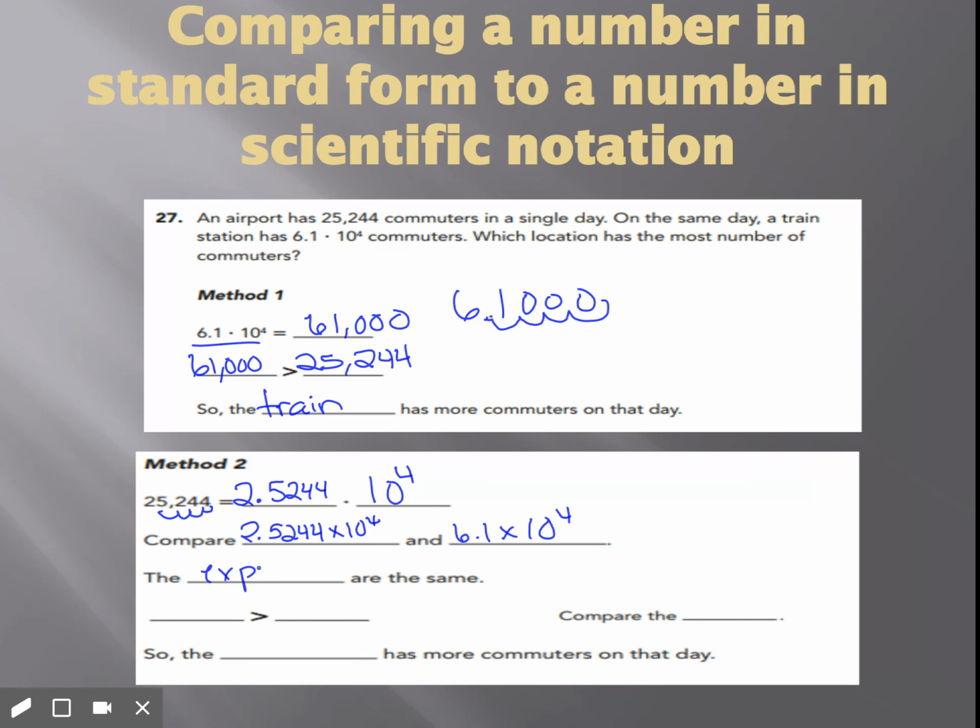And because the exponents are the same, I would have seen that 6.1 is greater than 2.5244. Compare the decimals, or the coefficients. Excuse me, I'll use the right term. So again, the train has more commuters. And whichever method you find works best, you use that one.